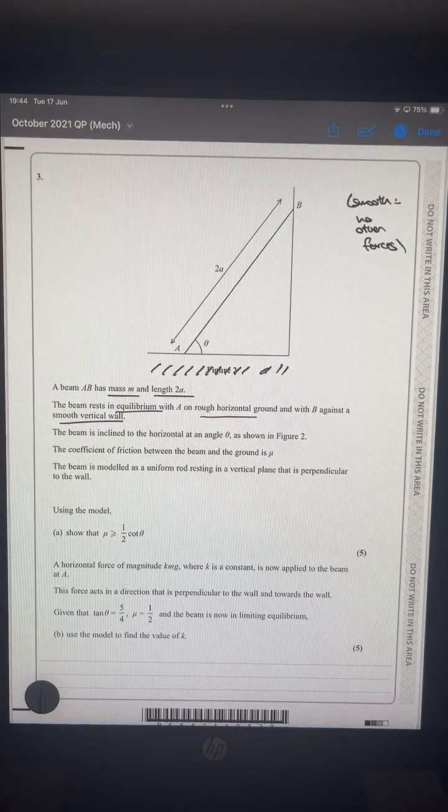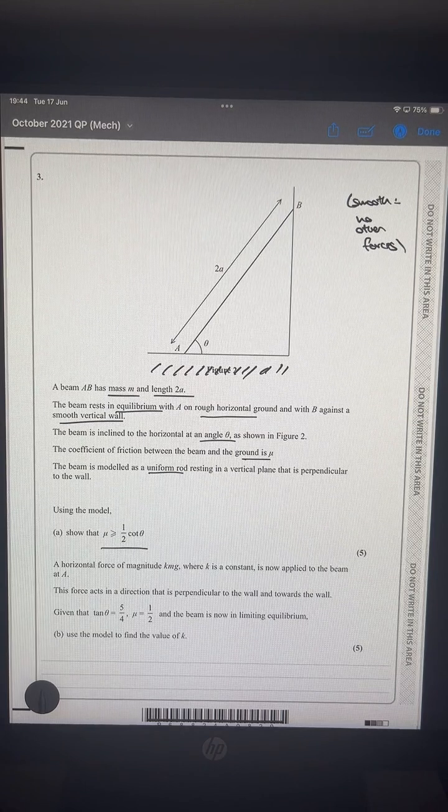I like to denote rough surfaces like that, just so I know. The beam is inclined to the horizontal at an angle theta, as shown in figure 2. The coefficient of friction between the beam and the ground is mu. The beam is modeled as a uniform rod resting in a vertical plane perpendicular to the wall. That just means that the picture is what you're expecting to think in real life. Use the model, show that mu is greater than or equal to 1 over 2 cot theta.